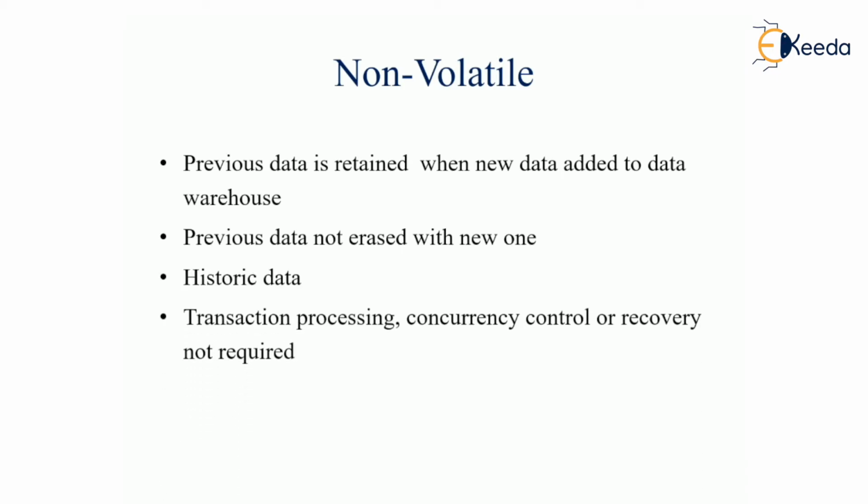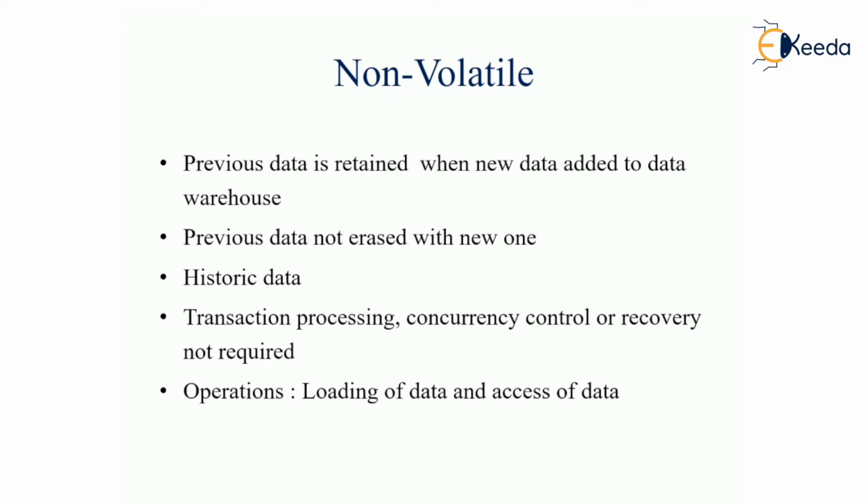As we know, the data stored in the data warehouse is historic data. So it does not require transaction processing, or a concurrency control mechanism, or a recovery mechanism, as we are not dealing with the operational data.